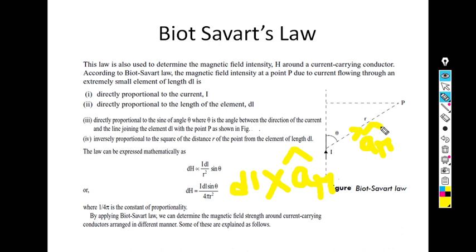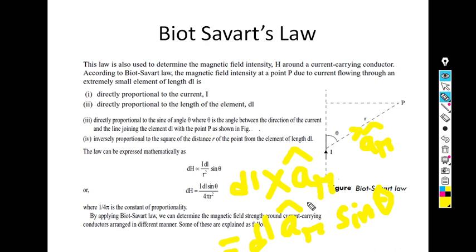Now dl cross a r cap is equal to dl sine theta, since a r cap is a unit vector. So instead of dl sine theta, we can write dl cross a r cap.